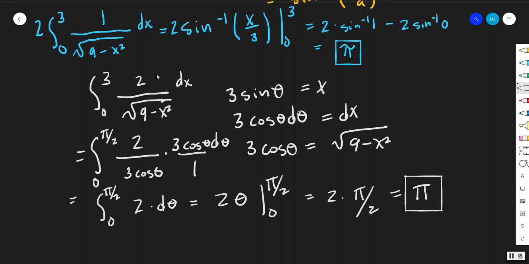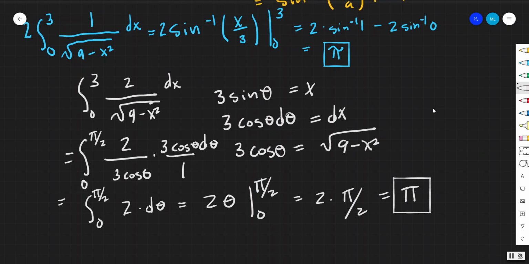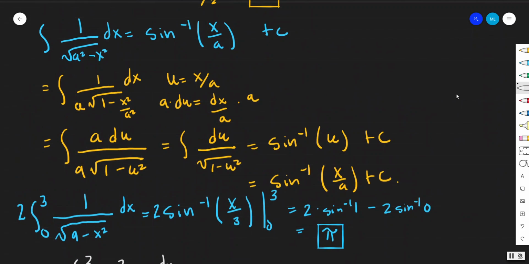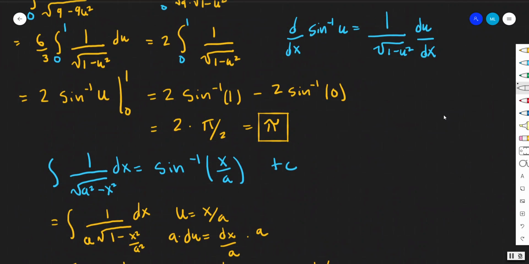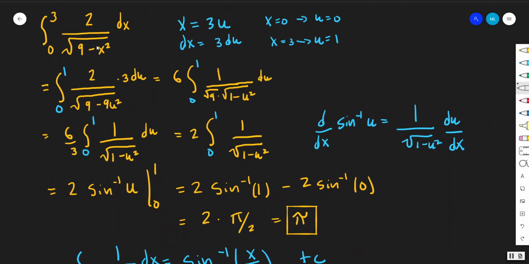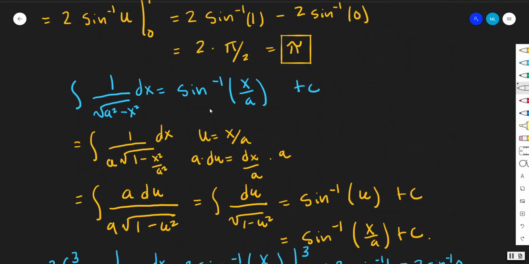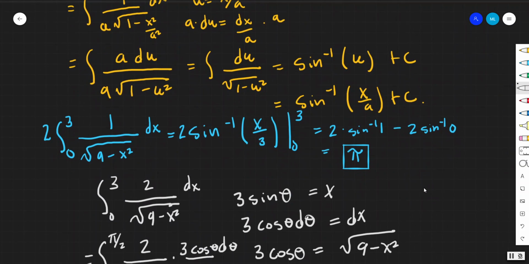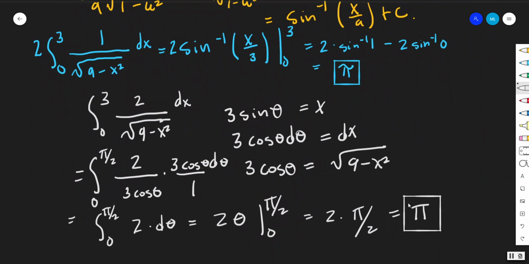So you can see that all three methods essentially give you the exact same thing. But when you're given a question on your exam that is very specific to the method you're supposed to use, which in this case is to solve using a u substitution, note that we still were able to solve it without using trigonometric substitution, or without using a formula, and we can also implement a trigonometric substitution and still get the same thing.